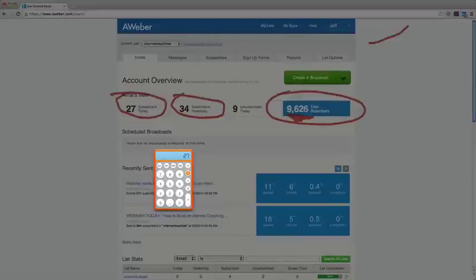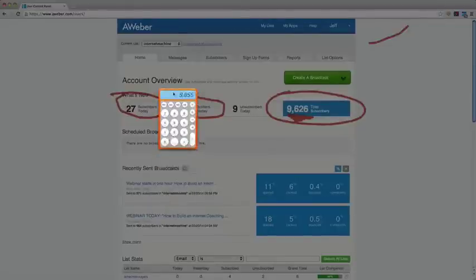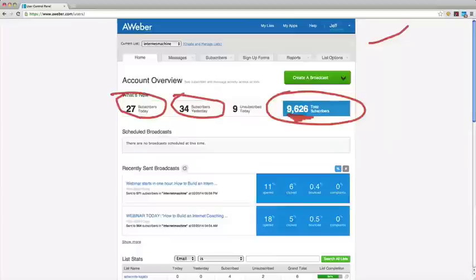We got 27 a day times 365. That's another 10,000 customers every year, right? This is just one of our databases, by the way. We've got another one that's got about, I think, 7,000 customers in it as well.